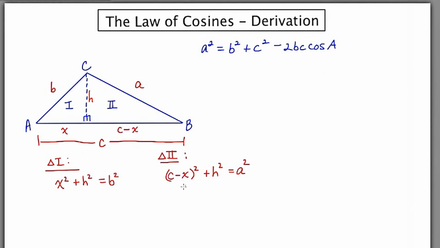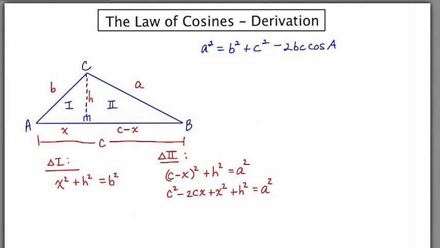I'm going to work with this, and I'm going to expand the left-hand side by foiling this out. So I end up getting c squared minus 2cx plus x squared plus h squared equals a squared.